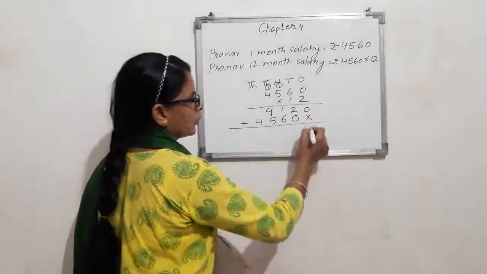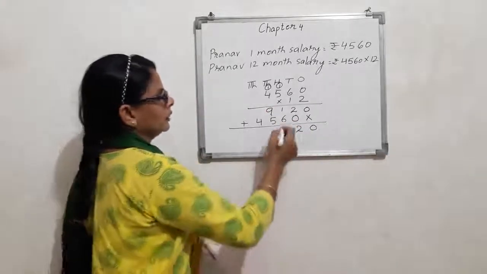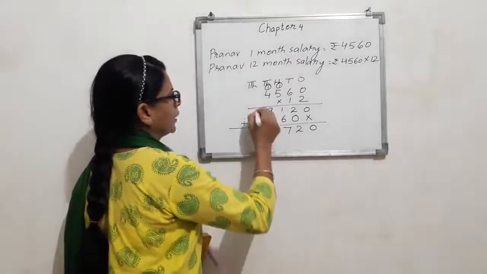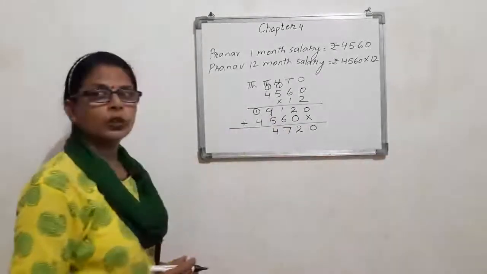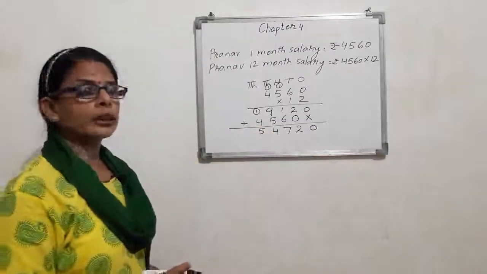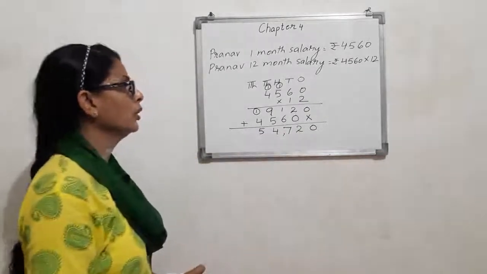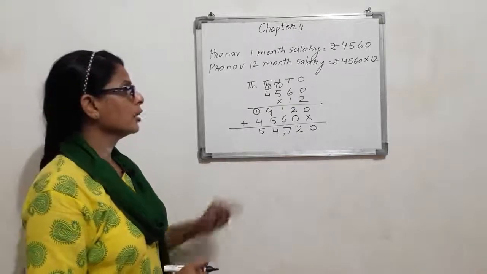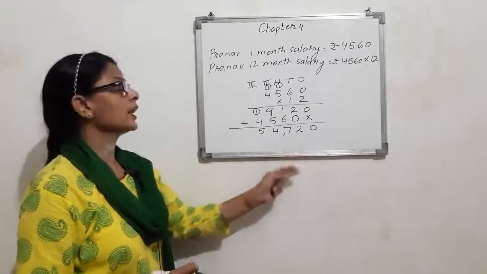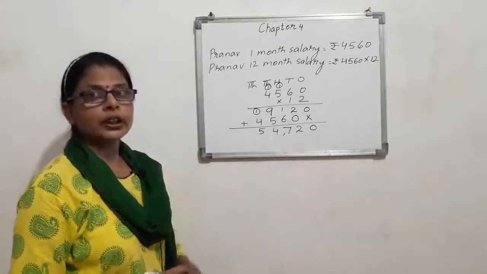Now add them. 0 plus cross is 0 only. 2 plus 0, 2. 6 plus 1, 7. 9 plus 5, 14. 4 and 1 will be carried on the 10,000 place. 4 and 1, 5. Now we'll put commas according to the places. Ones, tens, 100, 1,000, 10,000. So Pranav 12 month salary is 54,720 rupees, or we can say his annual salary is 54,720 rupees.